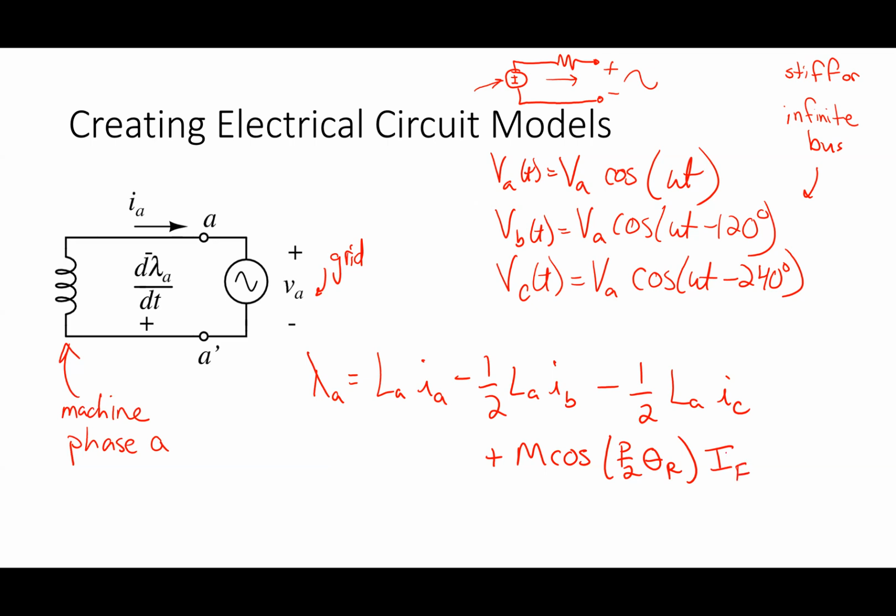Now, you guys know enough that if I hooked up a voltage source to this thing, and that voltage source was a balanced 3-phase source like this, what do the currents look like? Well, they're all the same amplitude. They're all shifted 120 from each other. In general, if I looked at the phase A current, it would not just be cosine omega t.